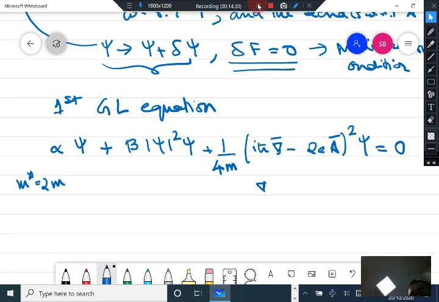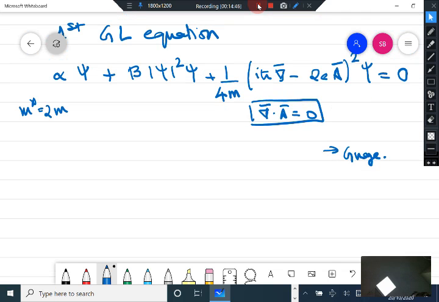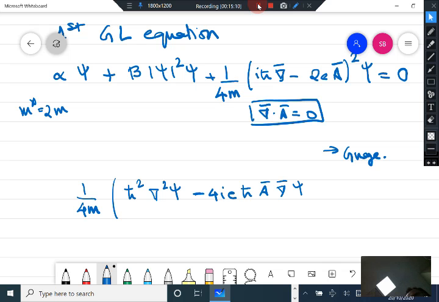Working with the gauge that divergence of A is equal to 0, you can show that if you open out the brackets, this is basically the same as 1 by 4m times h cross square del square psi minus 4 i e h cross A dot del psi minus 4 e square A square psi minus alpha psi minus beta mod psi square psi equal to 0.